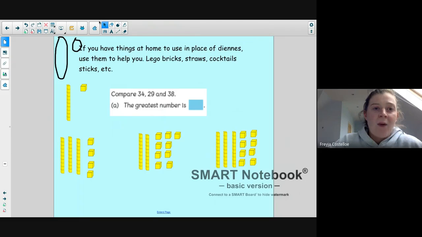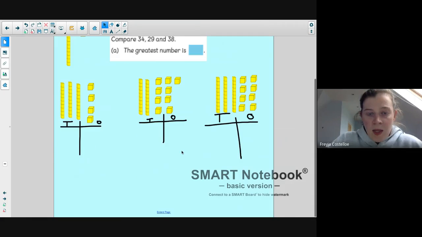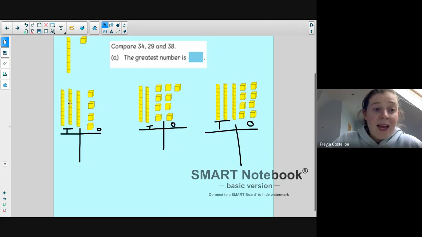Okay. Now, how many 10s and 1s do I have? Sorry, I've got this silly watermark here that I can't get rid of, but I'll move the screen in a minute so you can see. How many 10s do I have here in 34?